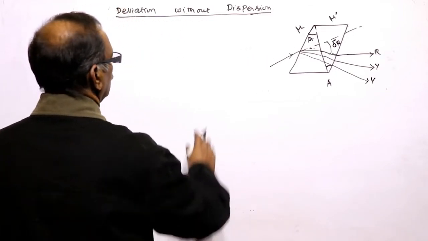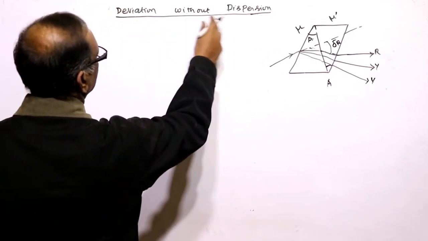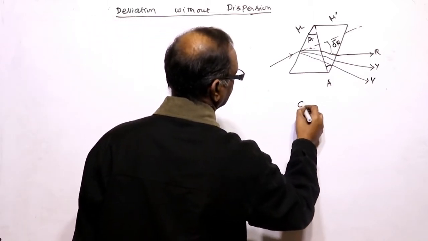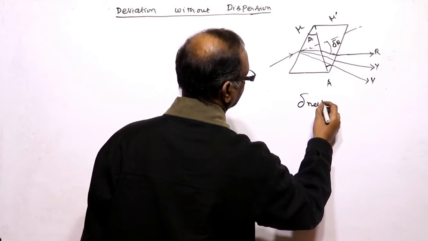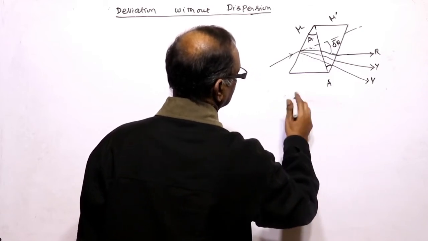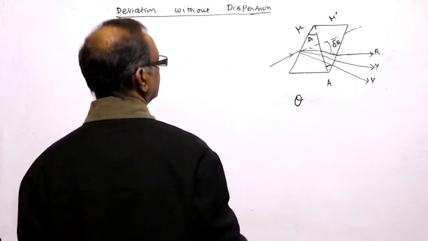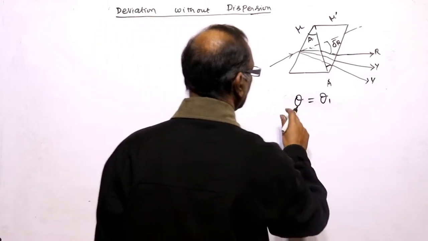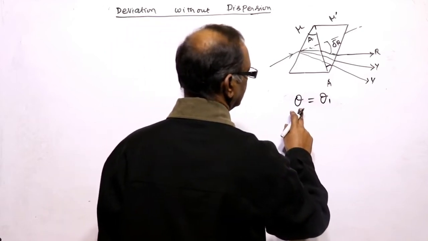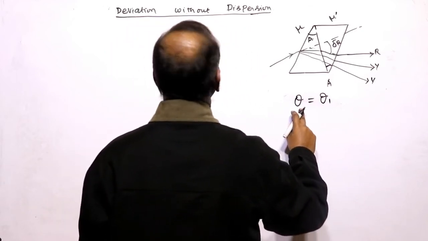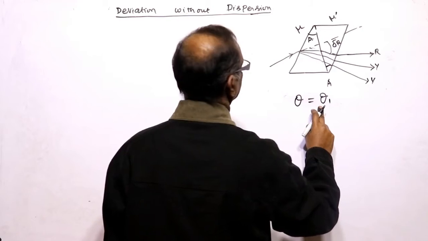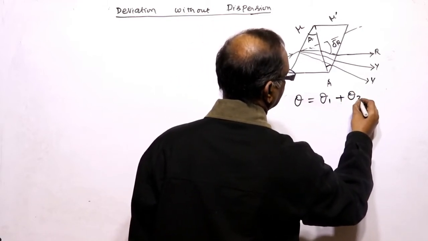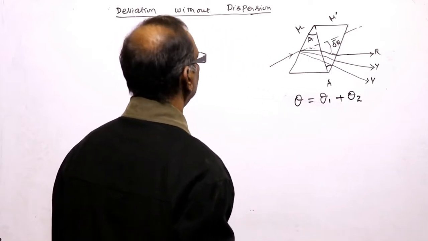So since this is deviation without dispersion, it means net dispersion theta is the net dispersion. This net dispersion is equal to the angular dispersion produced by the first prism and the dispersion produced by the second prism, which is equal to 0.